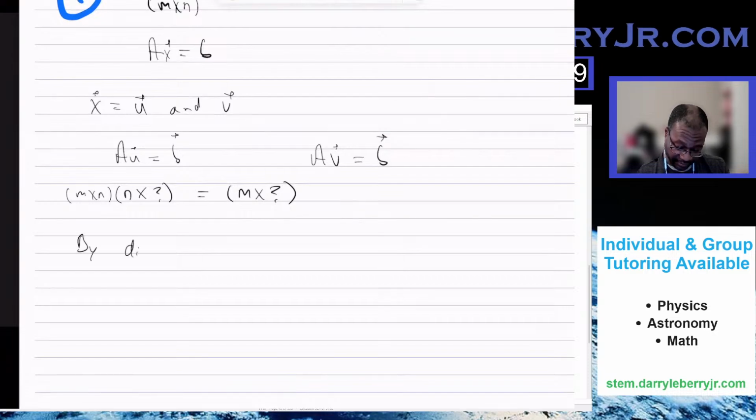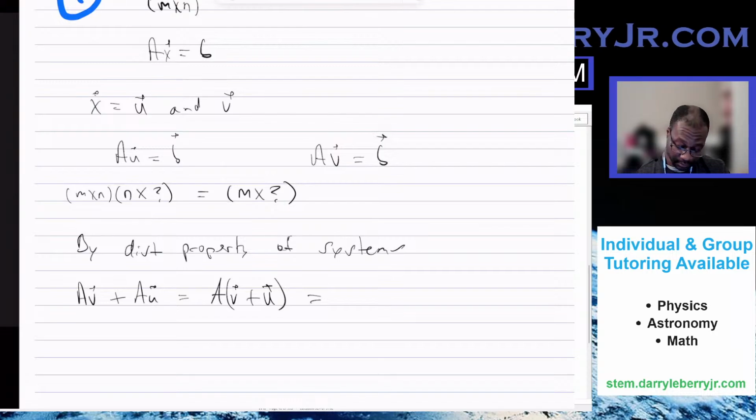So by the distributive property of systems, AV plus AU equals A(V plus U), which equals B plus B equals 2B.